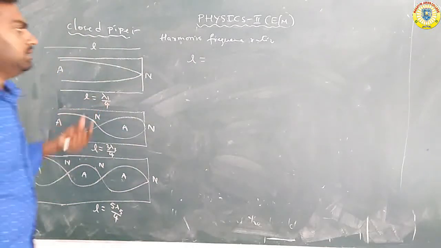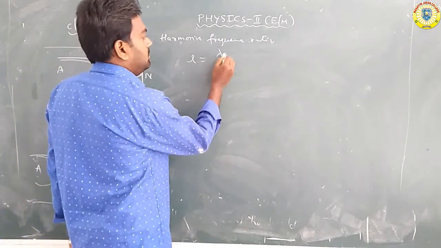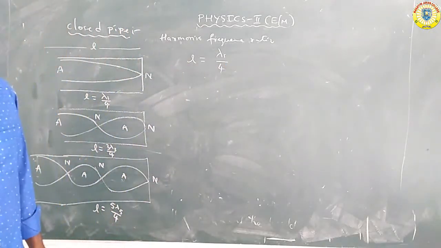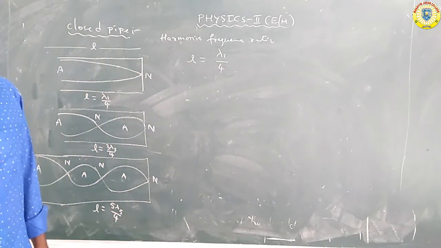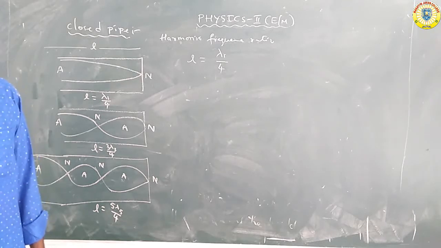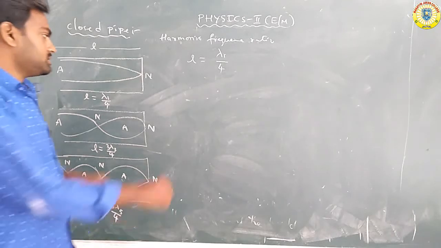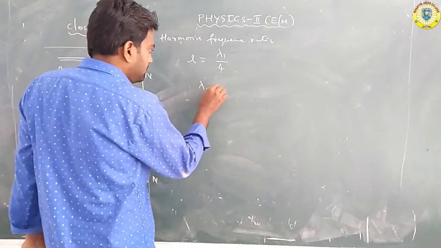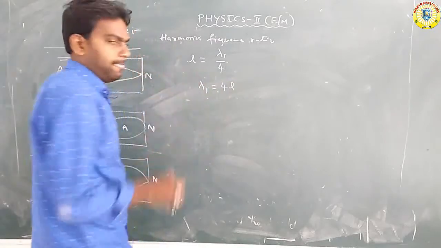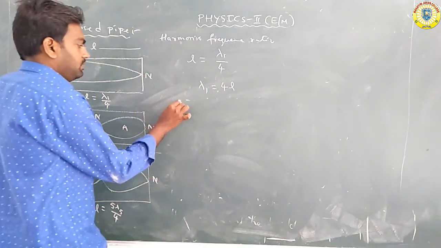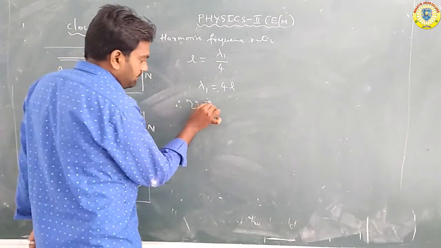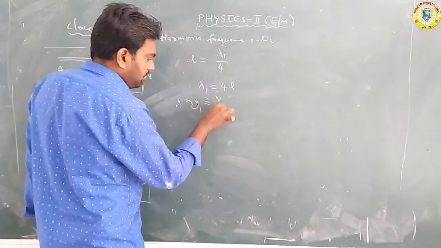So we already know that the value is lambda 1 by 4. L is equal to lambda 1 by 4. What is the meaning of L? L is called the vibrating length or length of the pipe. Next, lambda 1 is equal to 4L. Therefore, nu 1 is equal to V by lambda 1.